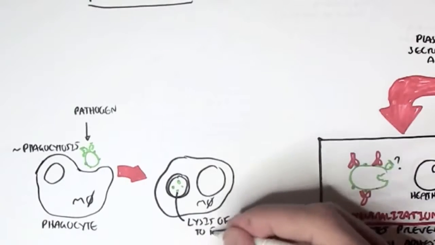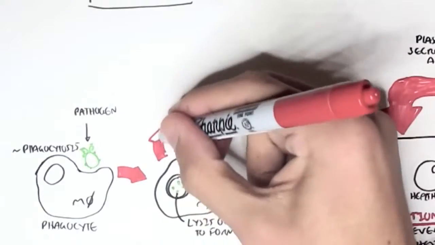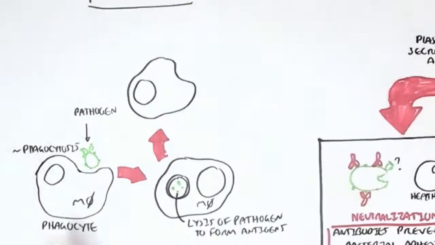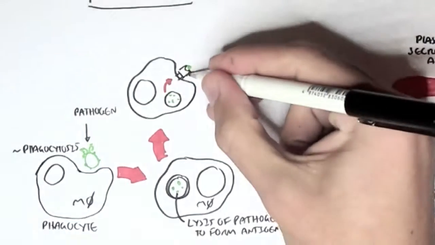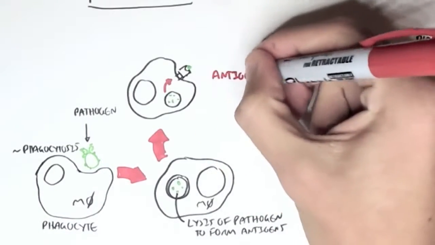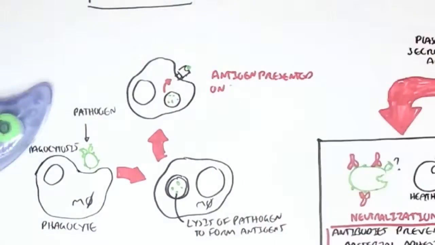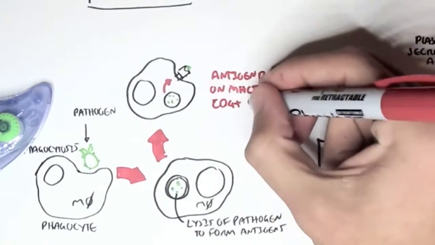And so the pathogen will lyse and then will basically form bits of antigens. And through this, the antigen-presenting cell, this phagocyte, will process these antigens and then present them on a major histocompatibility complex class 2.